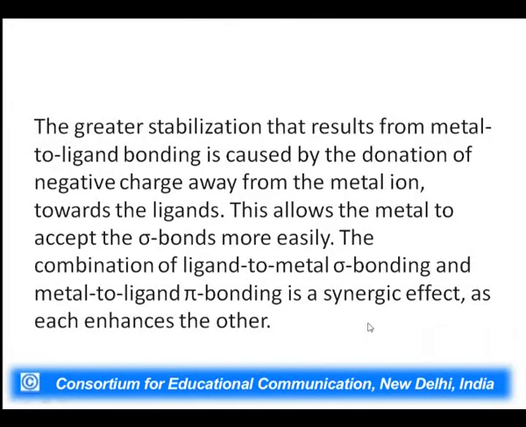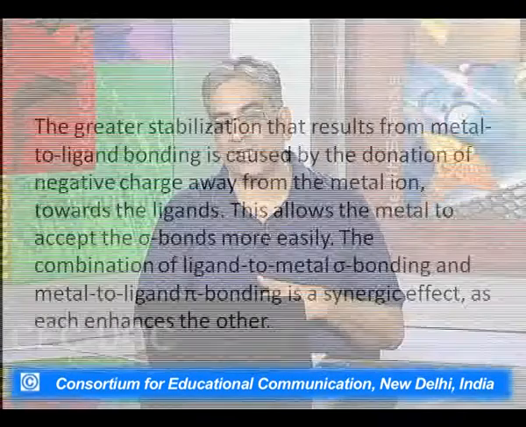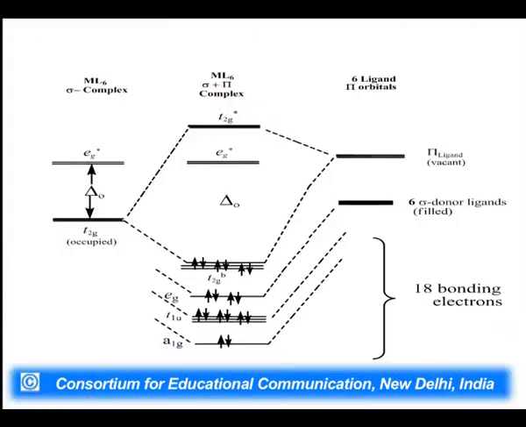This is quite obvious because the electron charge which has accumulated on the metal has a chance to back donate towards the ligand, allowing stronger bond formation with a greater separation between the two. If you look at this particular diagram, you will appreciate that this is the overall situation with the increased delta O. But there can be the other way around also.